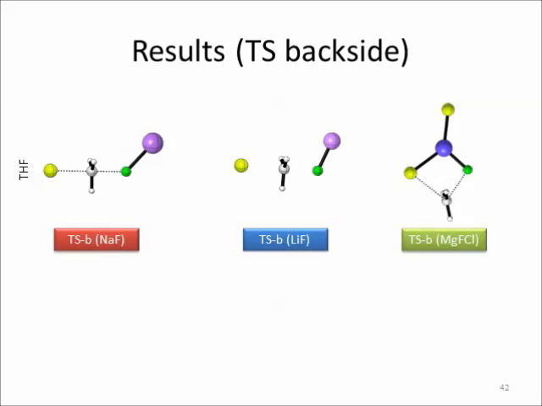This hints at a repulsive force between the positive center on the substrate and the incoming cation. NaF with a small charge density cannot overcome this repulsive force to bind with the leaving group. Li cation with a higher charge density seems to overcome this repulsive force to a greater extent, and Mg2+ cation with the highest charge density succeeds in forming the cyclic transition state in THF.